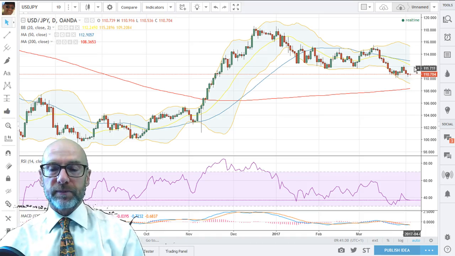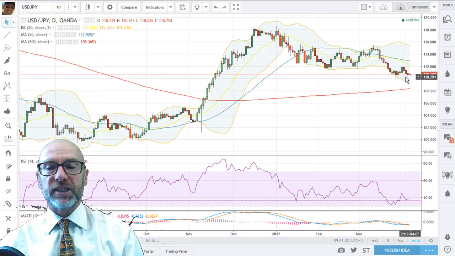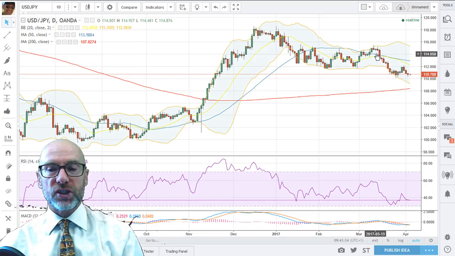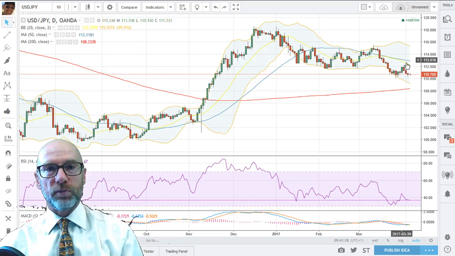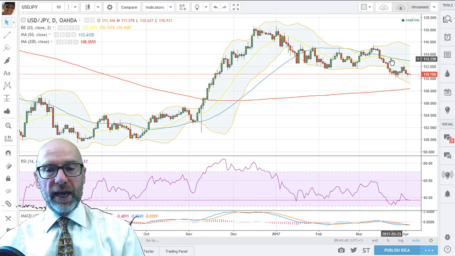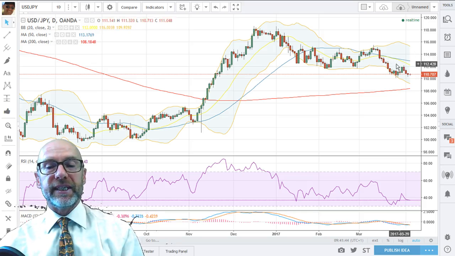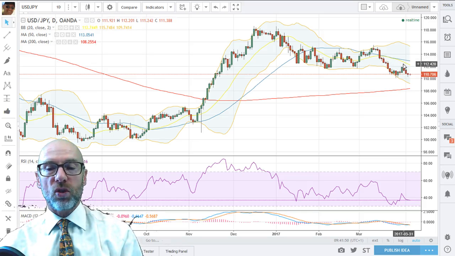But anyway, what we can see is that the moving averages, so here we've got the yellow line, which is the 20-day moving average, and the blue line, the 50-day, are both moving downwards, and if anything slightly negative in that the 20-day has just moved back below the 50-day in what's called a death cross.